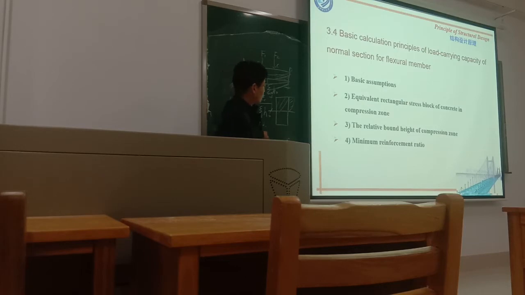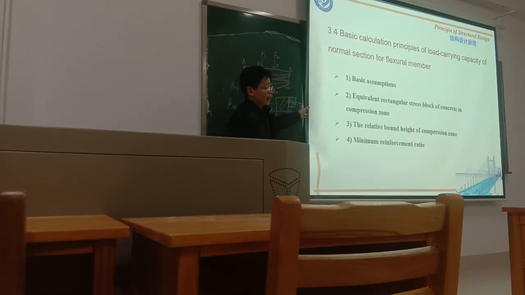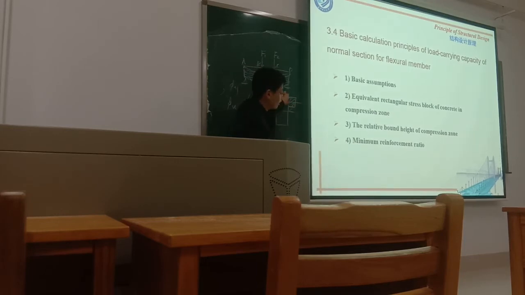So we want to make a relatively easy method. Use the equivalent method, a rectangular equivalent. Keep the resultant force unchanged and the anchoring point unchanged. Keep the value of the force and the anchoring point of the force unchanged.